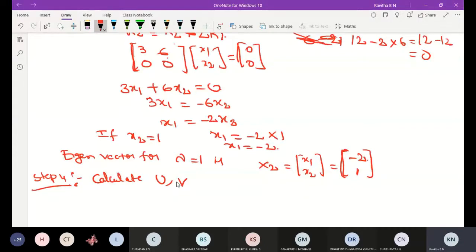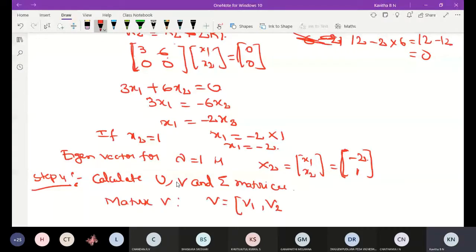Okay, we need to find u, v and summation of matrices. First we are going to find the v. Okay, first we are going to find the matrix v. V is equal to v1 comma v2.